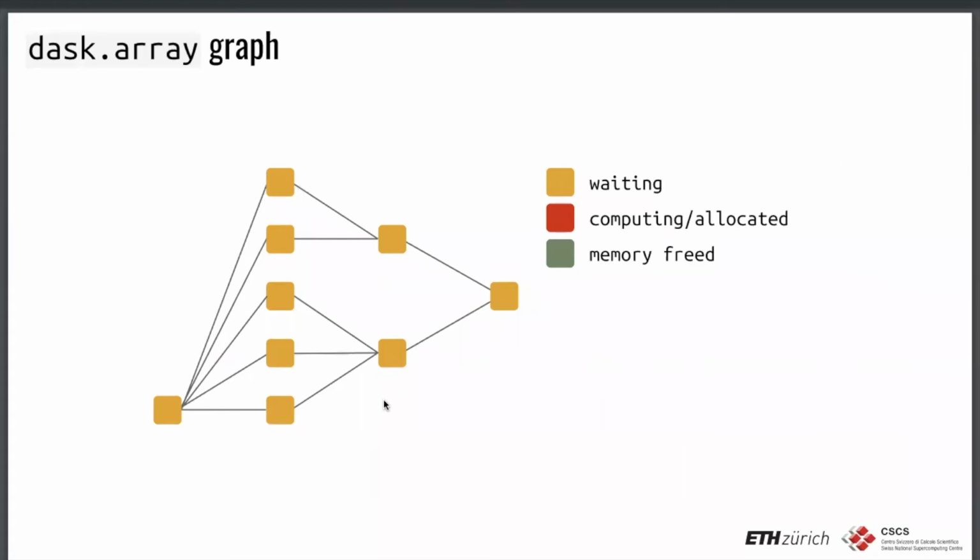Just to understand better what is happening, let's consider this example where we have some data on disk, and we want to do an operation that itself requires more memory than what we have in our computer. And how will Dask approach this?